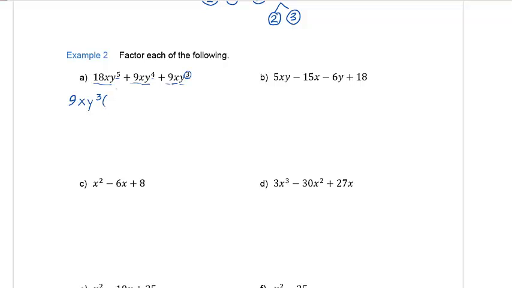Then what I'll write is what remains after I factor this out. So I'm taking 9xy cubed out of each term. That leaves me with 2y squared from the first term. I have 1 from 9 divided by 9, and y to the 1 power from y to the 4th over y cubed.